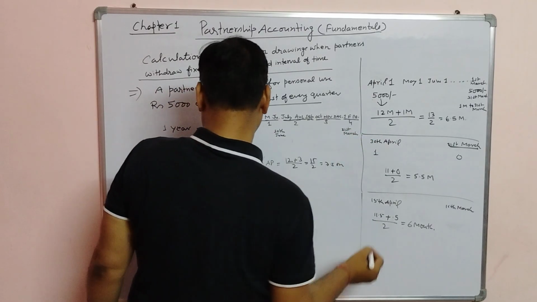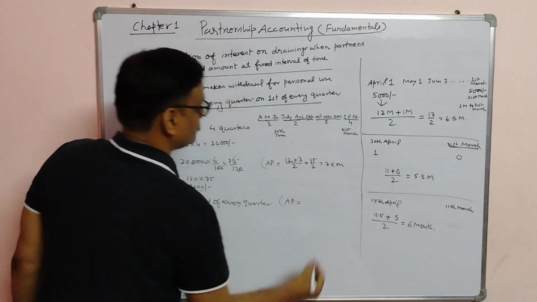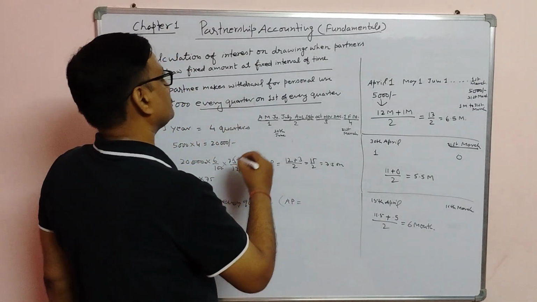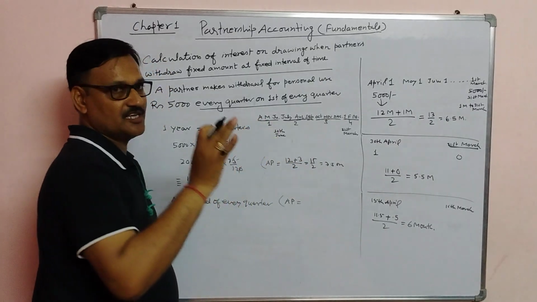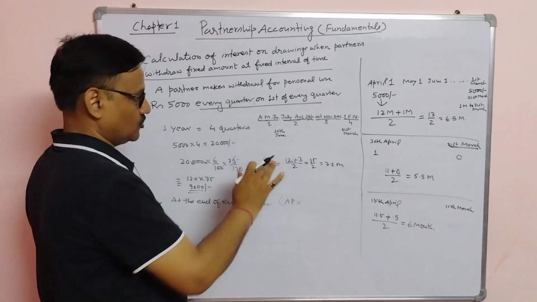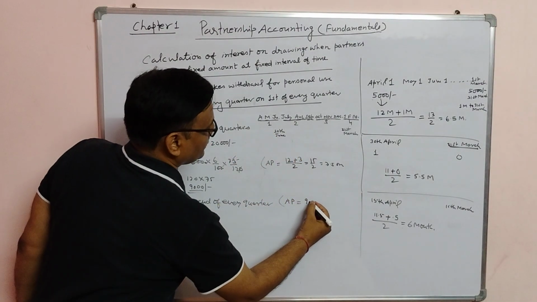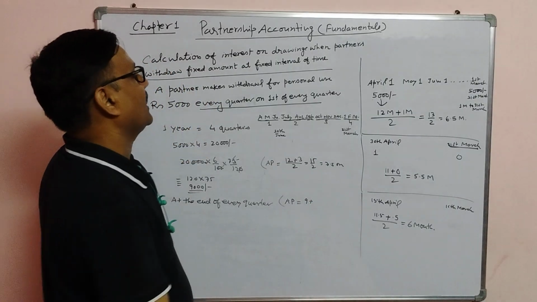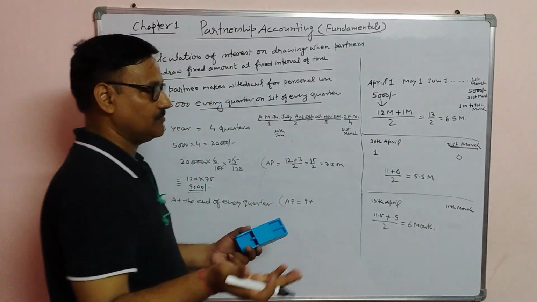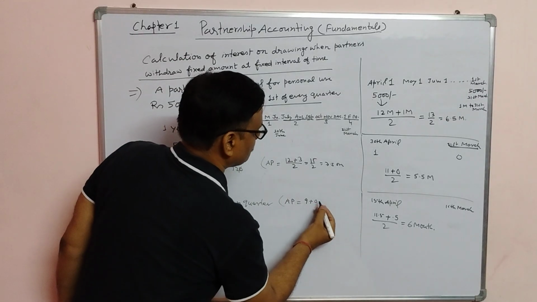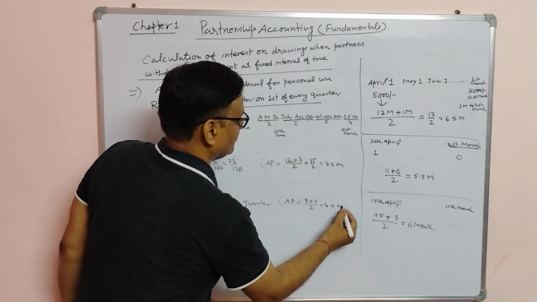So let us calculate the average period. Here average period is equal to the first money withdrawn on 30th June, means 3 months have already gone. So the partner will use this money for only 9 months. Therefore 9 plus, and the last withdrawal will be made on 31st March. Therefore no time left, therefore 0. 0 months he will use, divided by 2, that is 4.5 months.